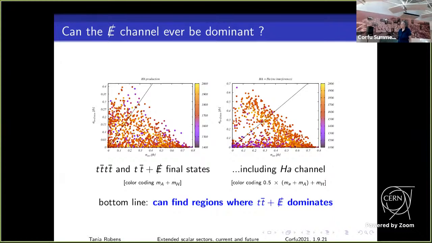This is calculated in a factorized way, so not the full generation of the cross section, but production times branching ratio, so the real results might differ a bit. And this is only via HA. If you include the H and the small a in addition, but again without interference and so on, then you have an even larger parameter space. The bottom line is that you can find regions where t tbar plus missing energy dominates.